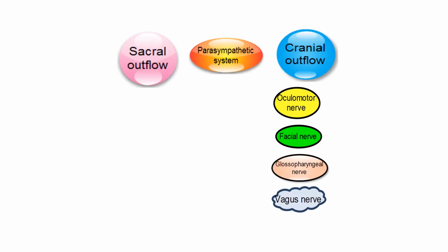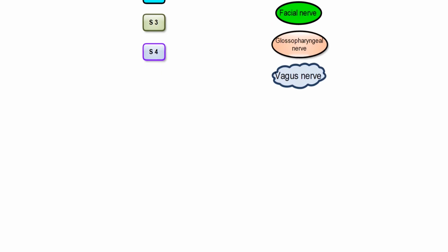The sacral outflow is coming out of S2, S3, and S4. One of the cranial outflow of the parasympathetic system is going through the oculomotor nerve.